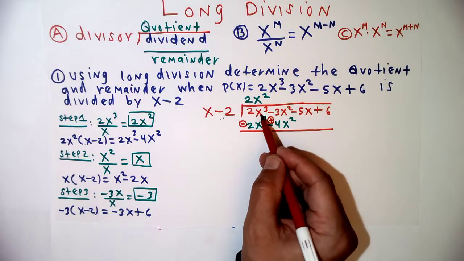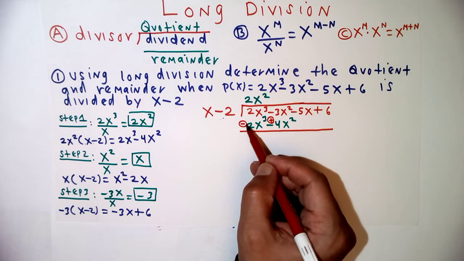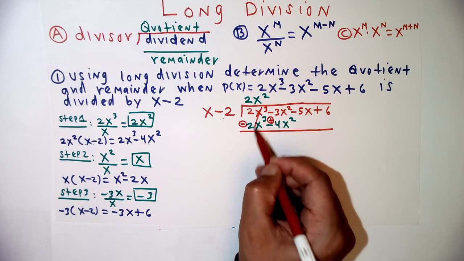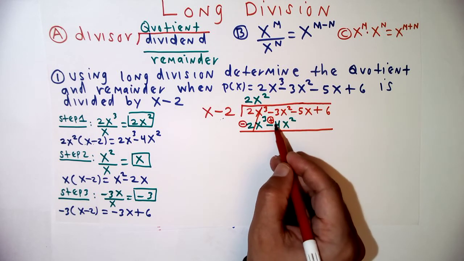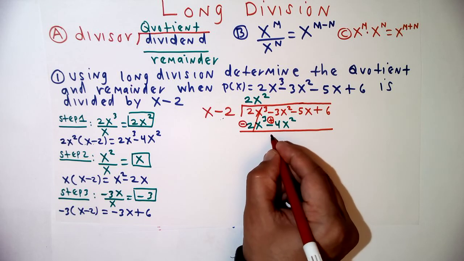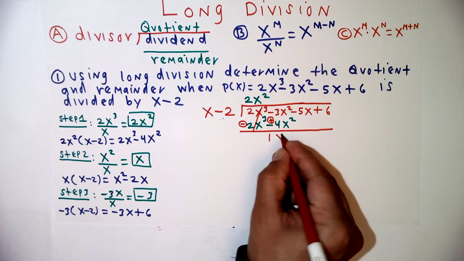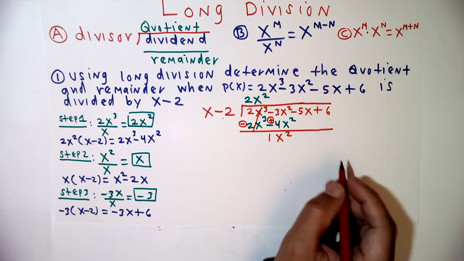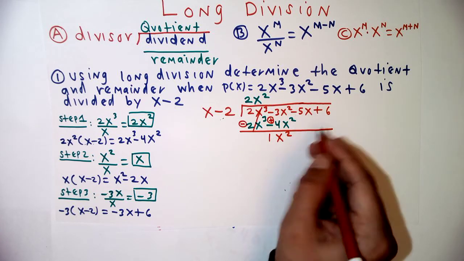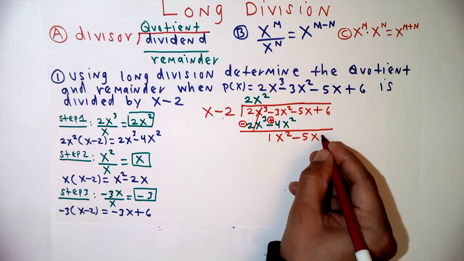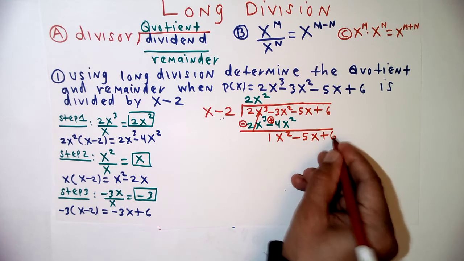See, this was the plan all along. What is 2x cubed minus 2x cubed? It's going to cancel out. Now, negative 3x to the second plus 4x to the second is 1x to the second. And then after that, you can just bring down everything on top that we haven't used yet. So you have minus 5x plus 6 here.